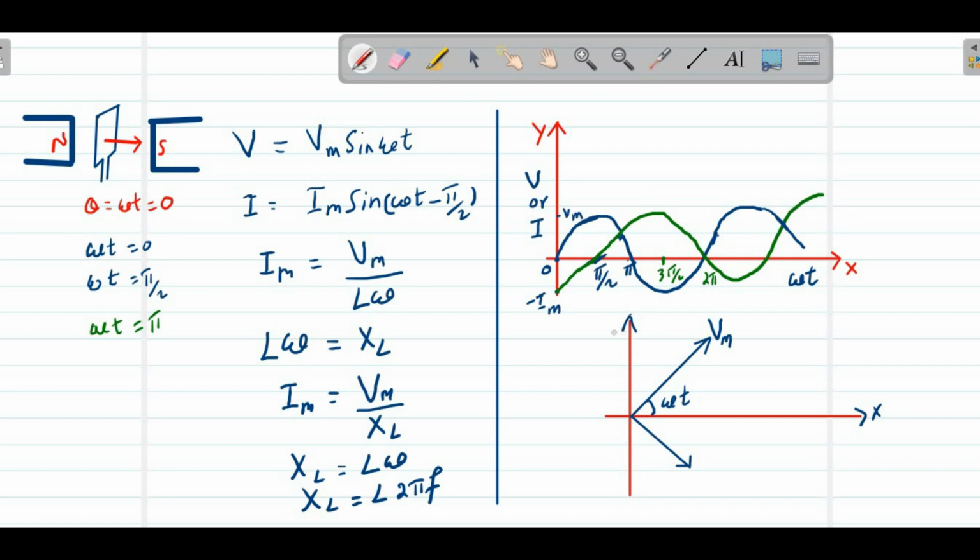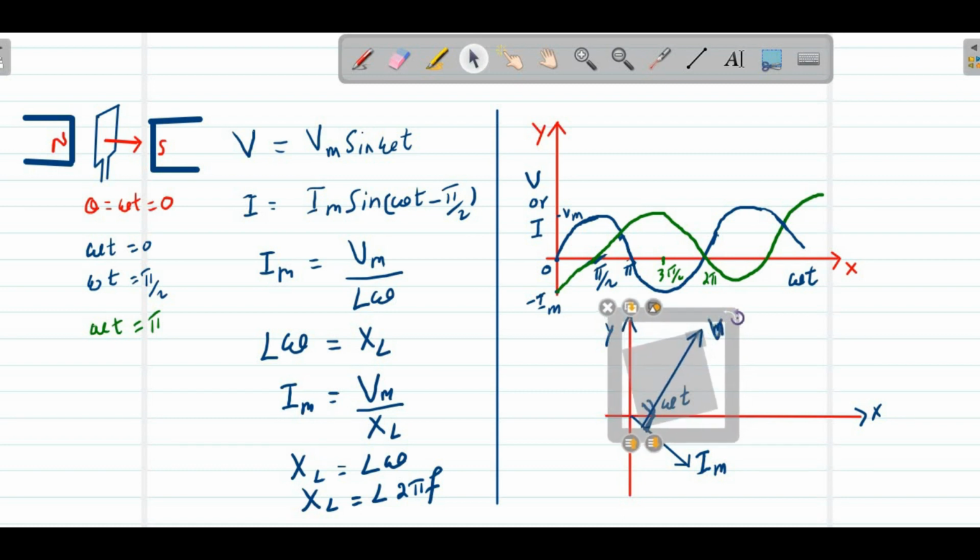And you can see here this one is current, the peak value of current. Between voltage and current there is a 90 degree phase difference. Current is coming behind the voltage by 90 degrees, pi by 2. And also you know that a phasor always rotates in the anti-clockwise direction.